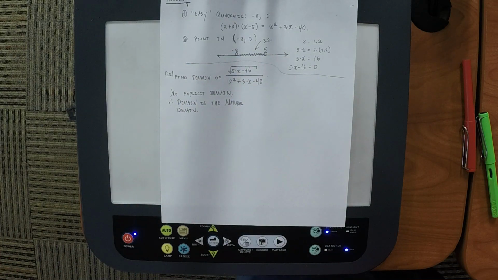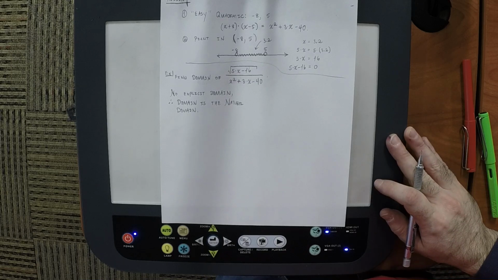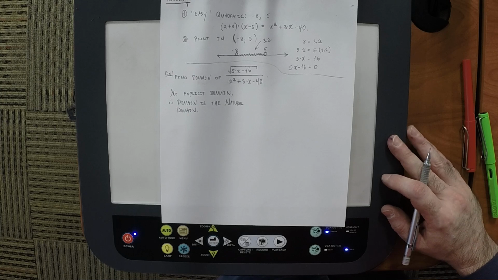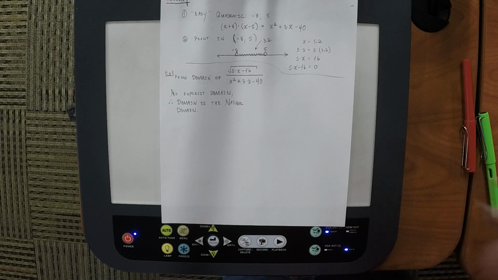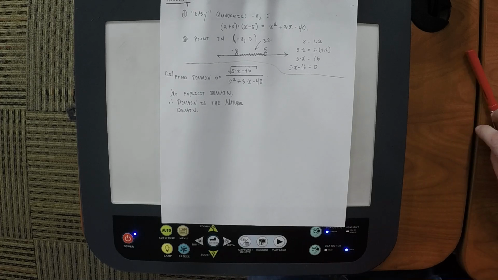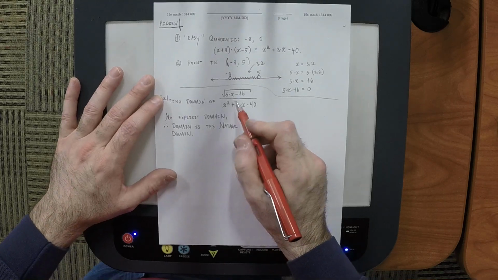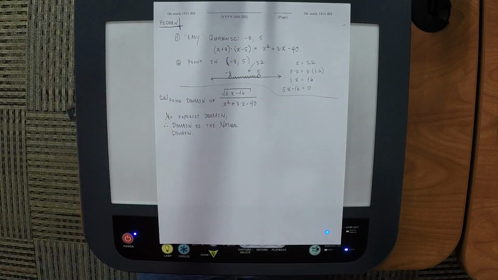And then, can you remind me what natural domain is? What is that? So this is like one of the key ideas in the course. Very good. So it's the largest set. I love it. The largest set of inputs for which the expression is defined.